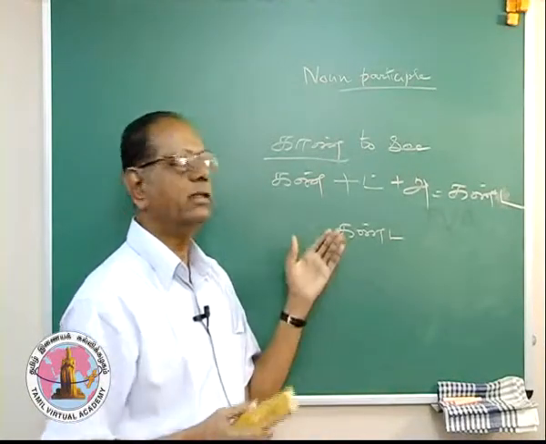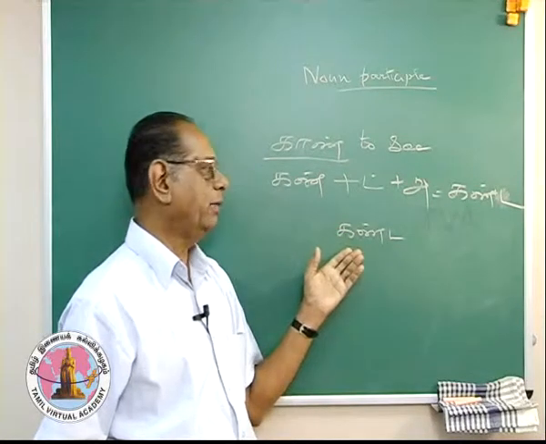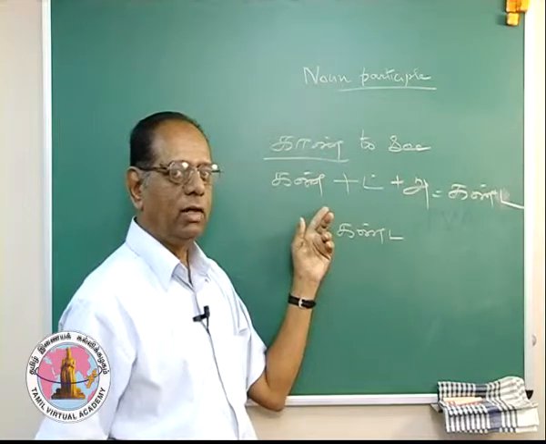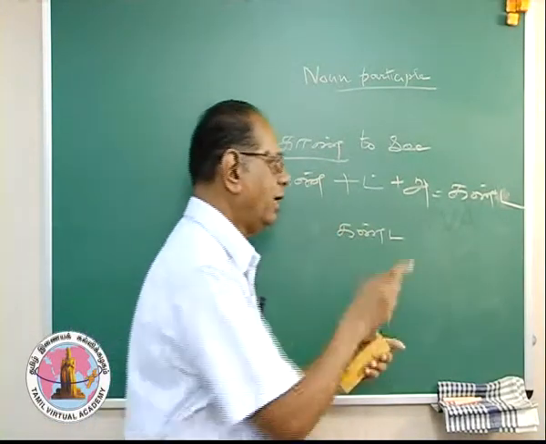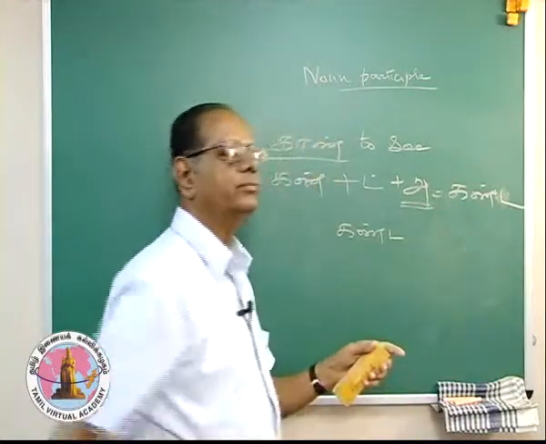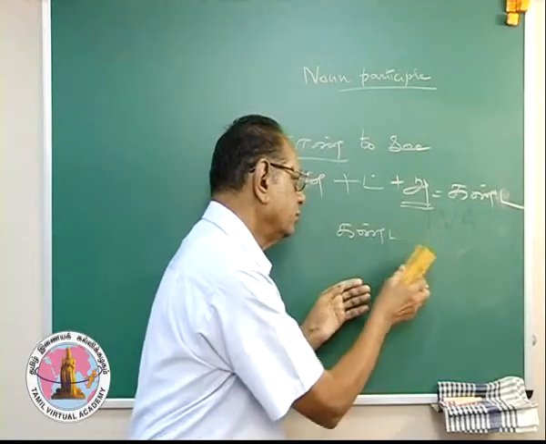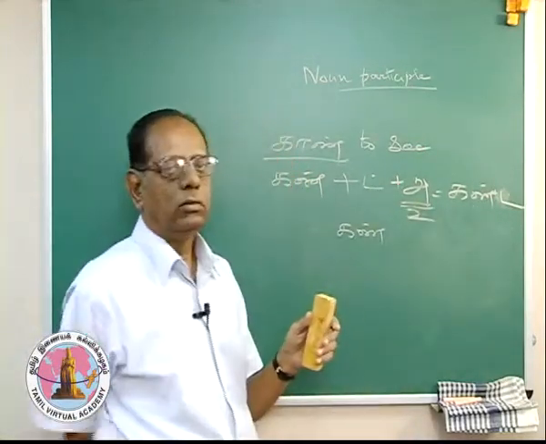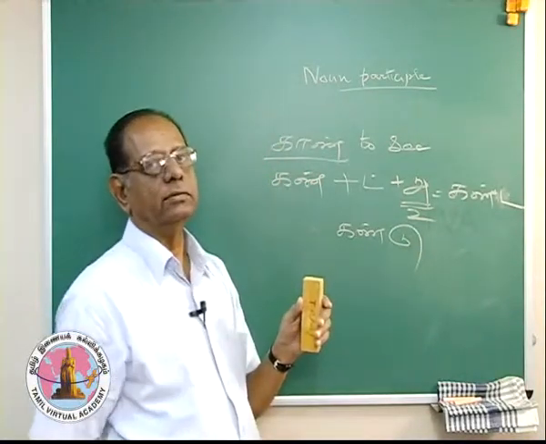That is an easy method. Now I am getting back to the original verbal participle lesson. Here we added a, and for verbal participle it will be u. So the form would be kandu.